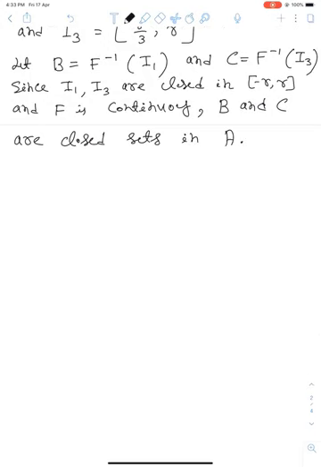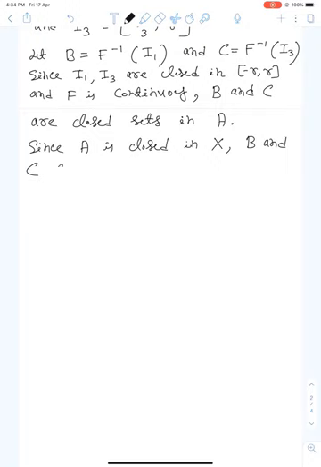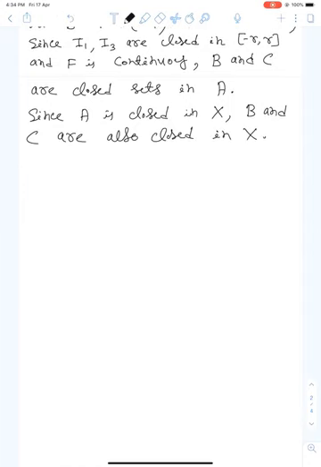Now also it is given that A is closed in X. Since A is closed in X, that implies B and C are also closed in X. Fine. Now also, can you see that B and C are disjoint?